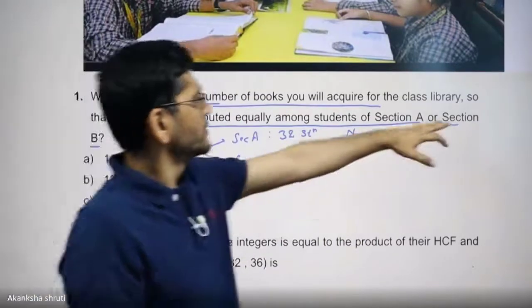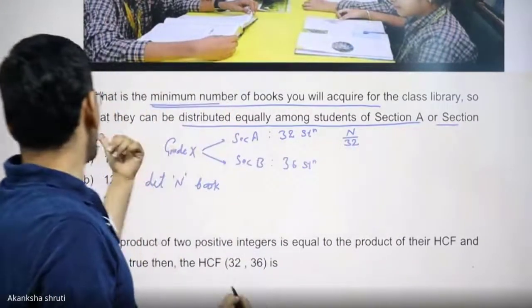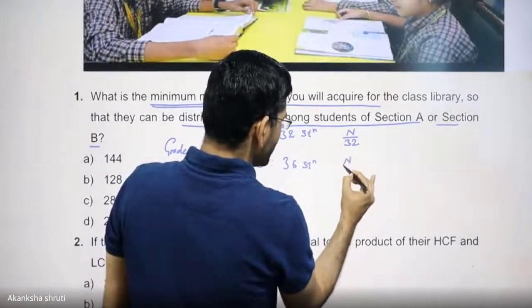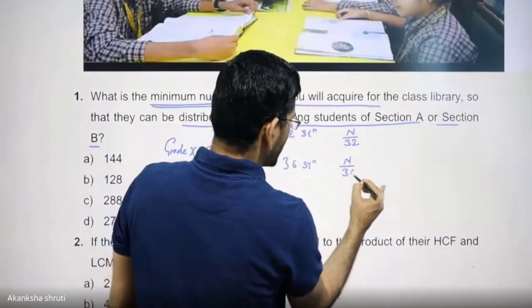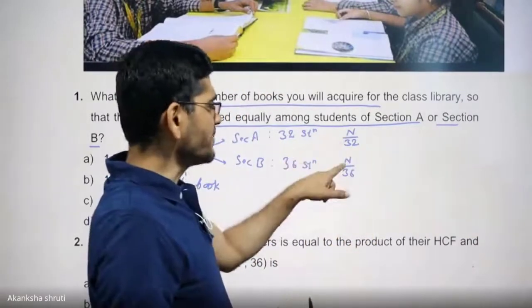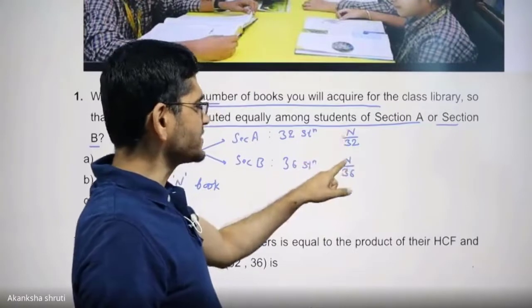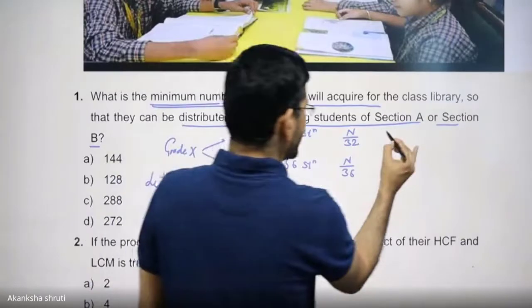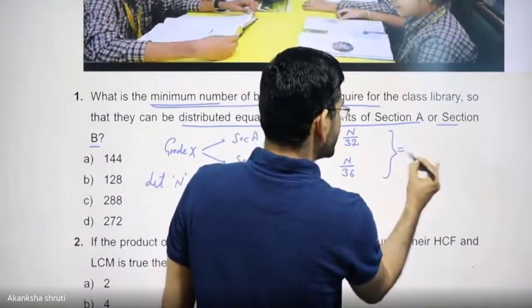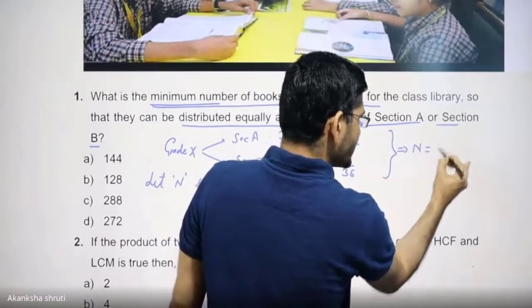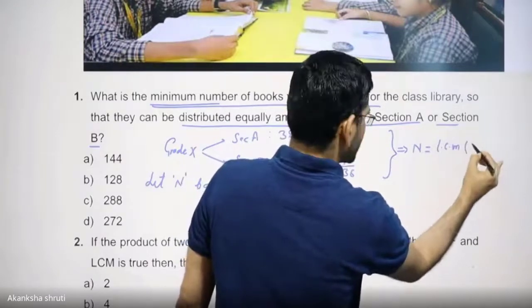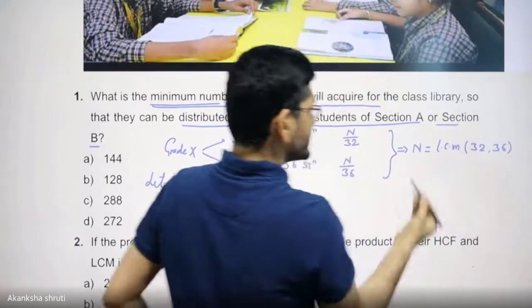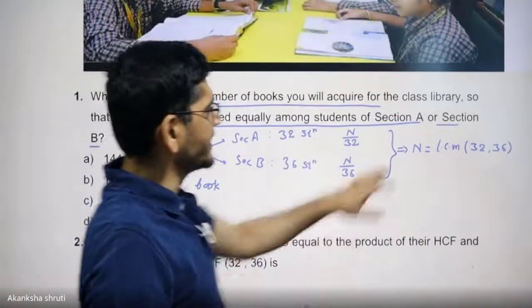Also it must be divisible by the number of students in section B, which means n must be divisible by 36 also. So such a smallest number n which is divisible by 32 as well as 36 is nothing but the LCM of 32 and 36. So our objective is just to find the LCM.